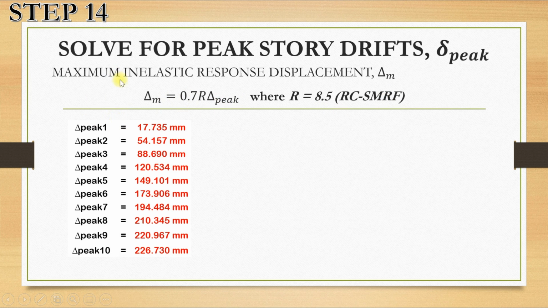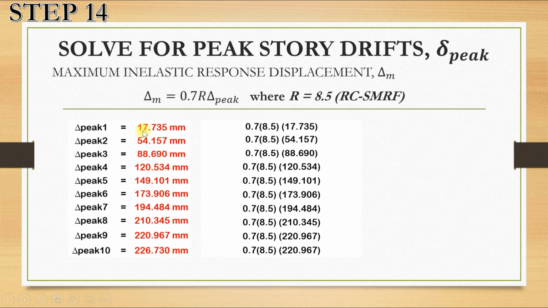So, gamit yung calculated kanina natin na peak story displacement from the previous slides. So, ito yung values for peak 1 hanggang peak 10. Dito sa peak 1, 17.735 mm for example. Ang dito sa delta peak 10 is equal to 226.730 mm.